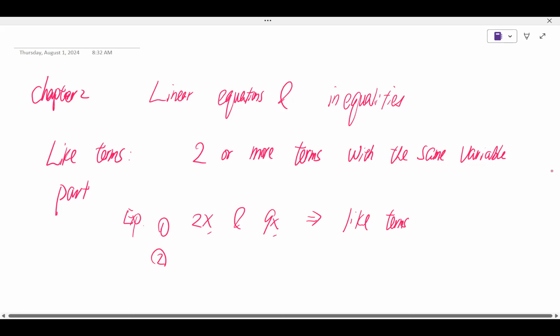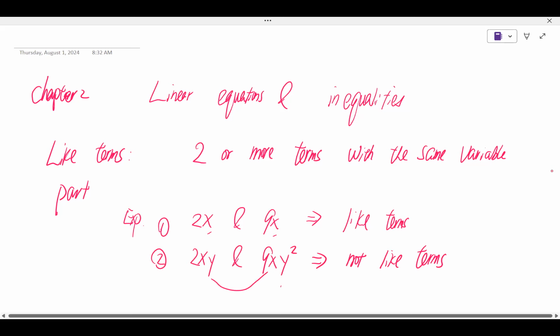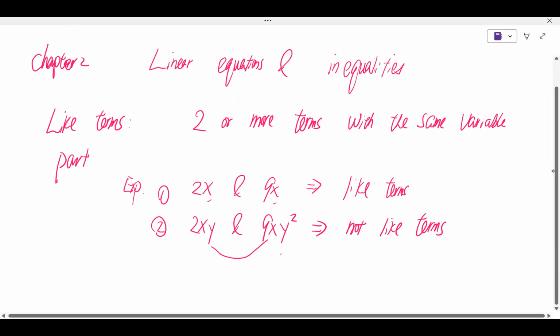But if you look at the next one, say 2xy and 9xy squared, these two are not like terms. They have the same variables, but the power of the variable y is different, so we can say they are unlike terms. You have to be very careful about this when you combine like terms.